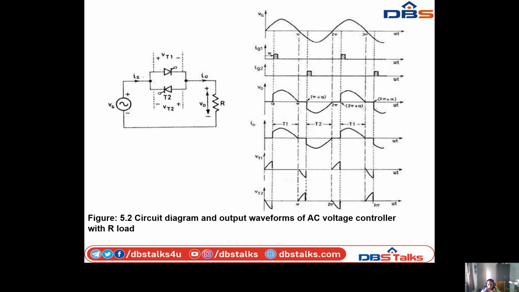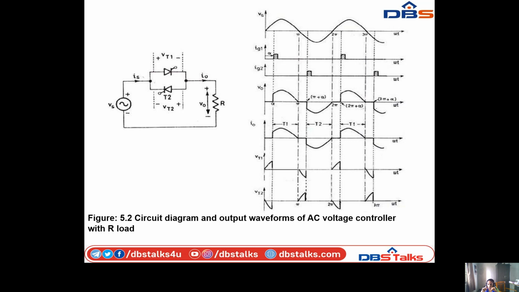When you come to the thyristor voltage VT1, it appears before triggering the thyristor. So before triggering the thyristor, there is some thyristor voltage VT1. It is obtained from 0 to alpha, and again from pi to pi plus alpha.